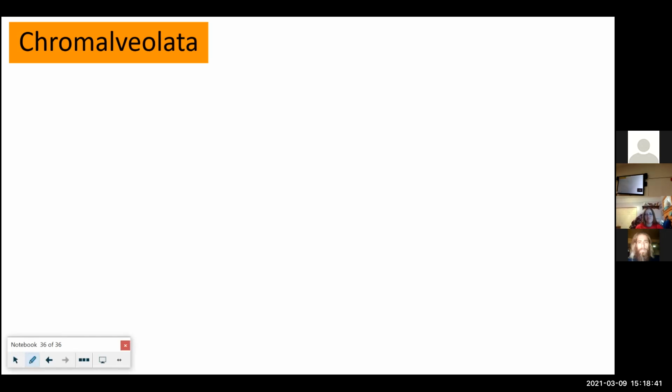But basically, this is how conjugation works. Okay, so this is in Plasmodium. So what I'm about to show you is conjugation in Plasmodium.